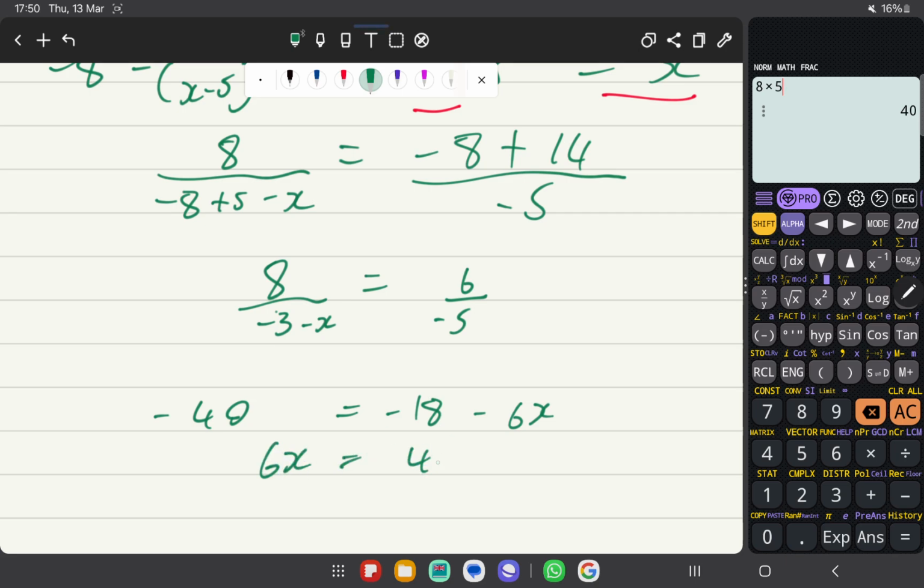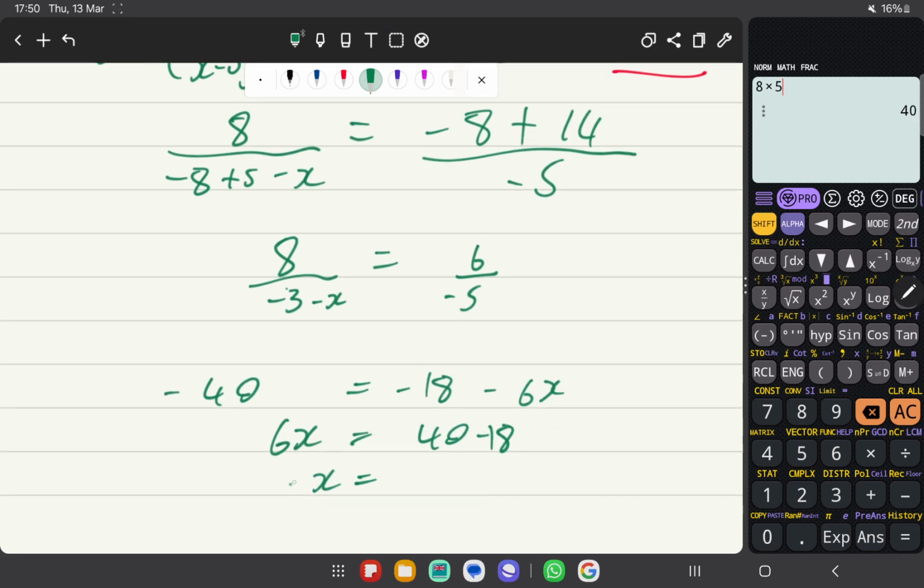I transpose the 40, so I have 40 minus 18, which is 22, equals 6x, divided by 6. Therefore x is equal to 11 over 3.